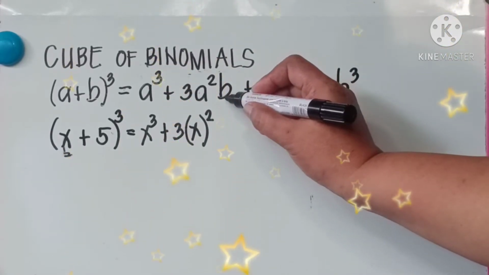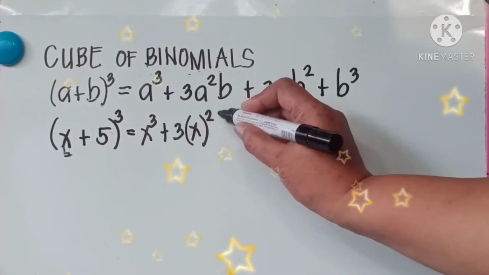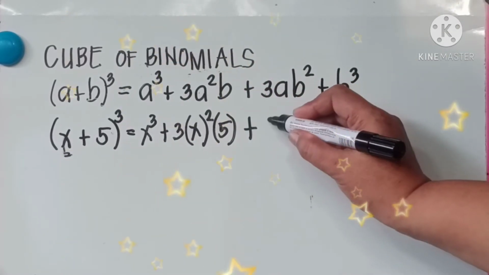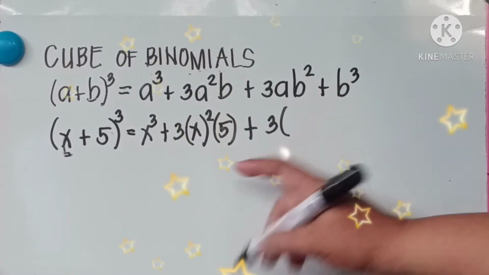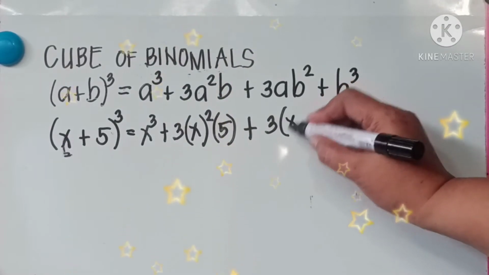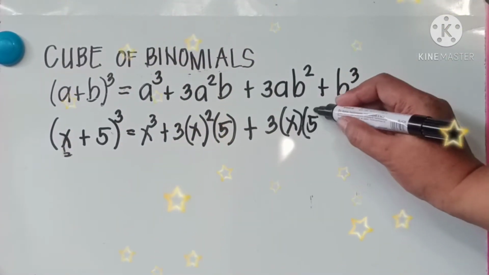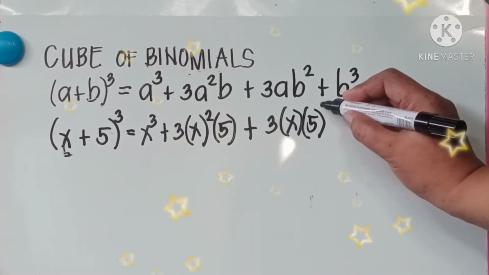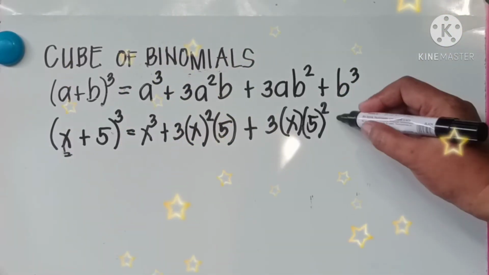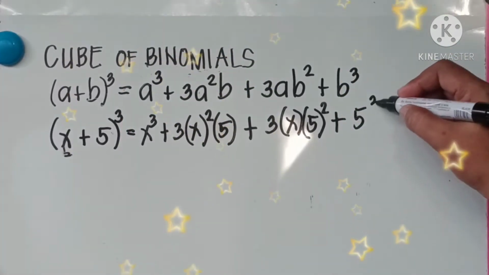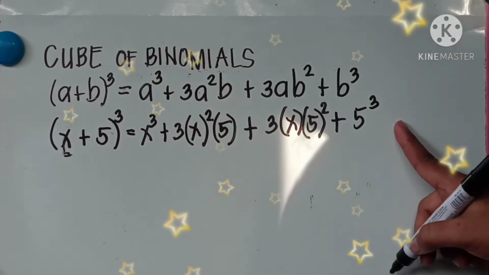Then multiply it by b, which is 5. Then plus 3 multiplied by a, which is x, then b is 5, raised to the second power, plus b, again it is 5, raised to the third power.